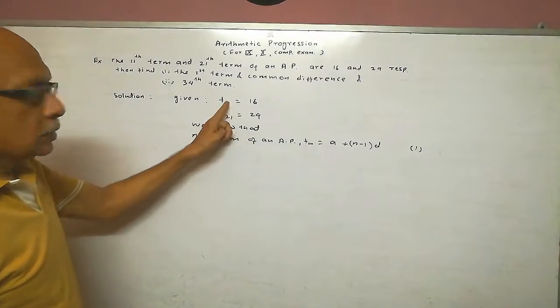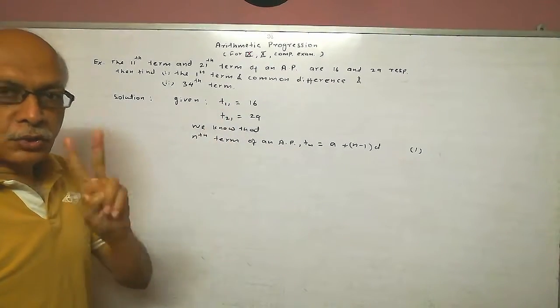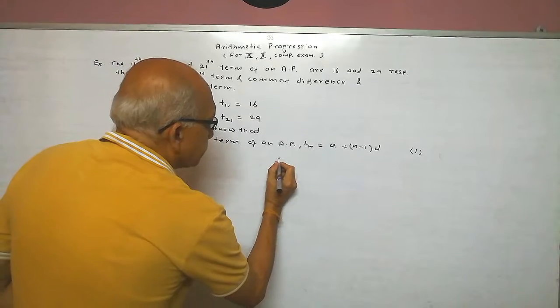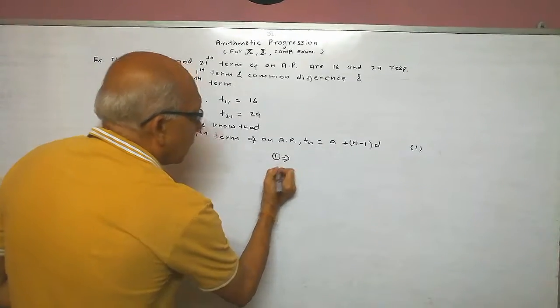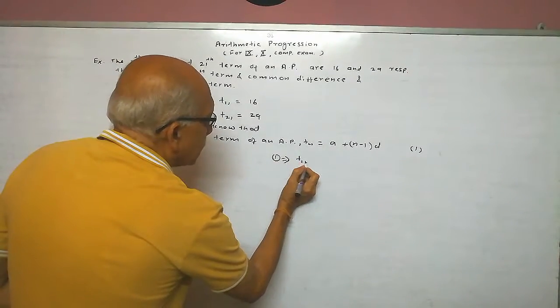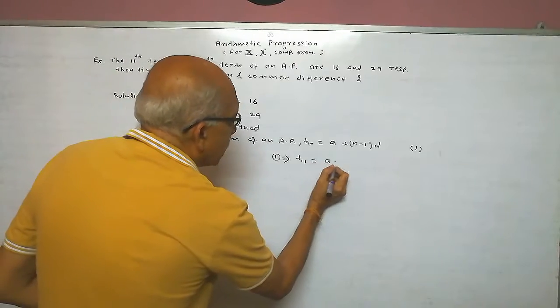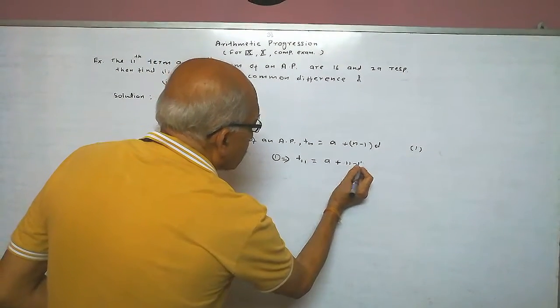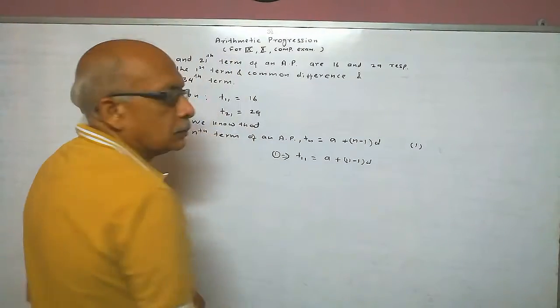Here we'll substitute these two givens. So we'll get two equations. T11 is equal to a plus (n minus 1) into d, where we take n as 11.